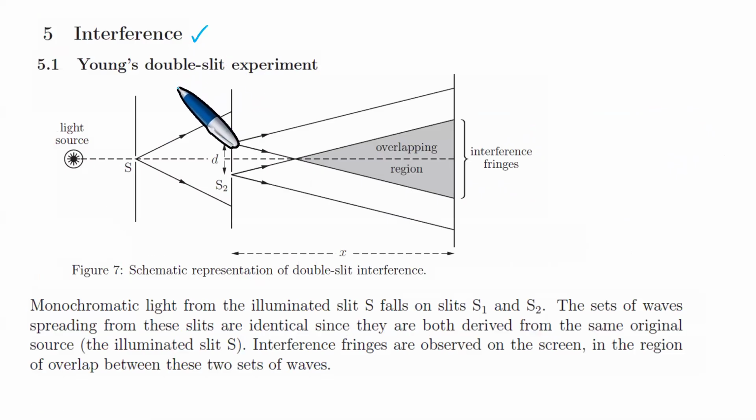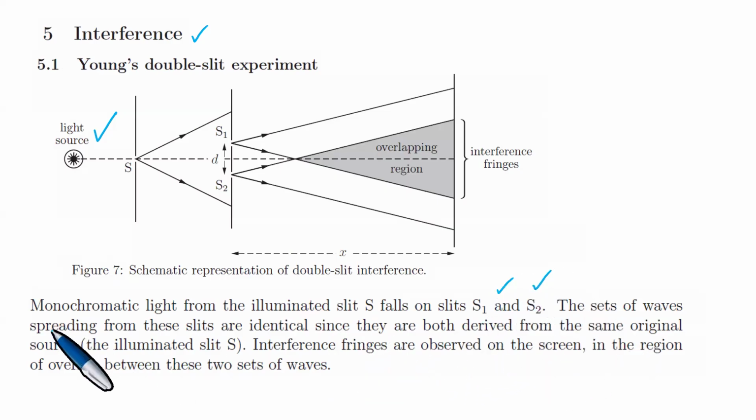Interference. Young's double slit experiment. You're dealing therefore with the source, S1, S2, the overlapping region, and interference fringes. This is a schematic representation of double slit interference. Monochromatic light from the illuminated slit S falls on slits S1 and S2.